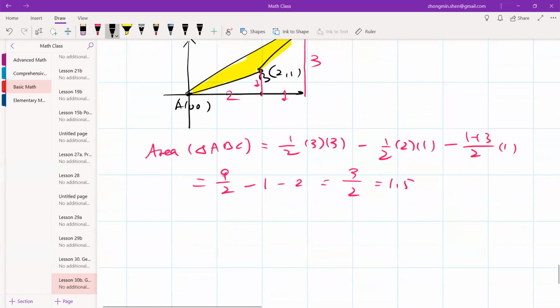Okay, let's do an easy problem. Find the area of the triangle ABC. A is going to be (1, 1).